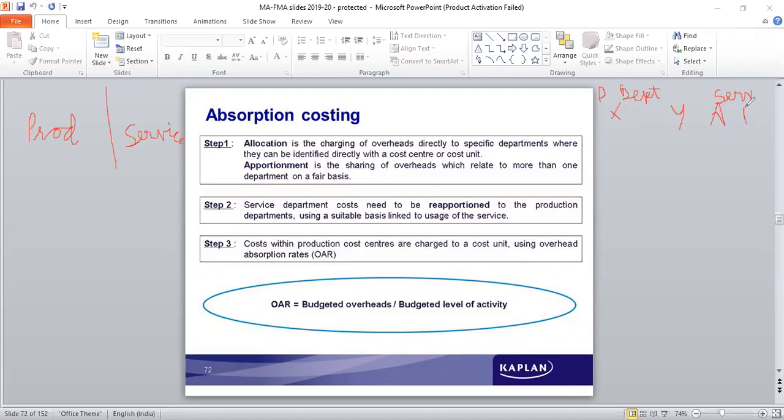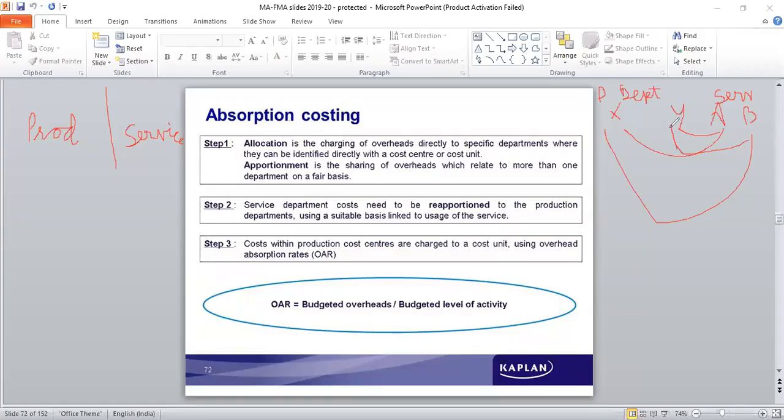So initially we see that the costs are incurred according to departments. Then ultimately everything should be brought to the production department. So A's cost should be charged to the production departments. Cost incurred in B also should be identified with the production department. So the total cost is now identified only with the production department.